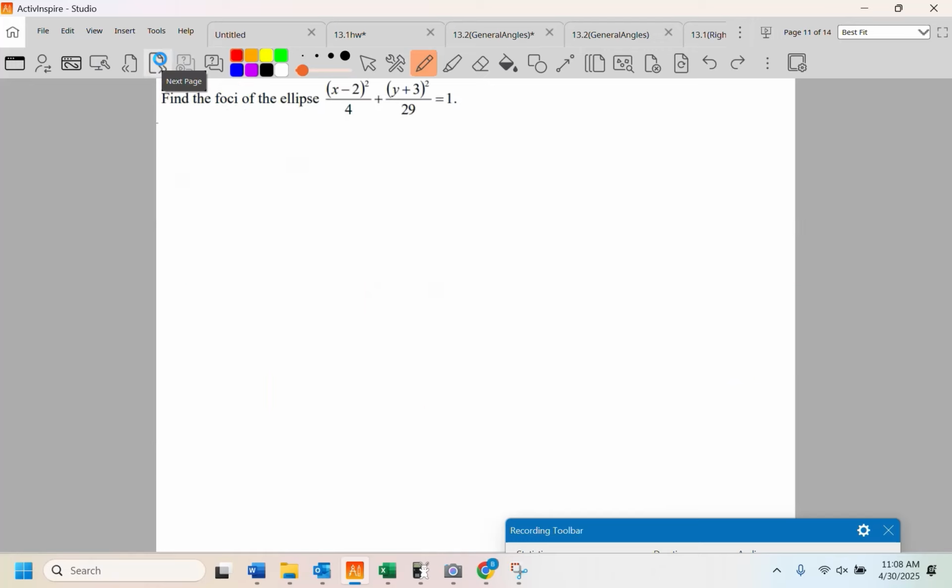All right, find the foci of the ellipse as given. The bigger number is a squared. The smaller number is b squared. So a is the root of 29 and b is 2. And remember, your formula is b squared is a squared minus c squared, right?